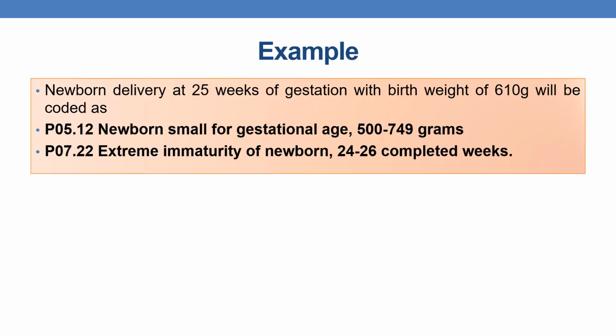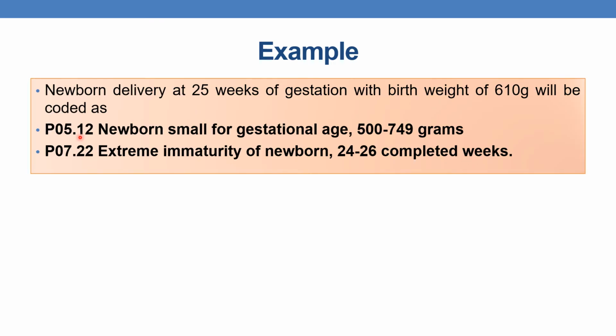Now let us see an example. A newborn delivered at 25 weeks of gestation with a birth weight of 610 grams. The appropriate codes would be P05.12, newborn small for gestational age, where the weight is in the range of 500 to 749 grams, and next P07.22, extreme immaturity of newborn, 24 to 26 weeks completed.